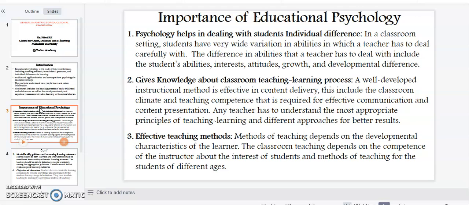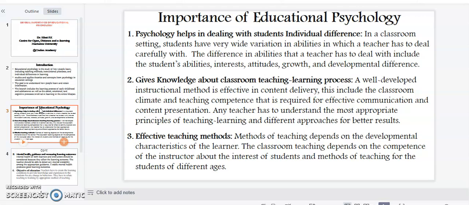So I want us to look at the importance of educational psychology. How do we apply educational psychology in teaching and learning? Number 1, psychology helps in dealing with students' individual differences.